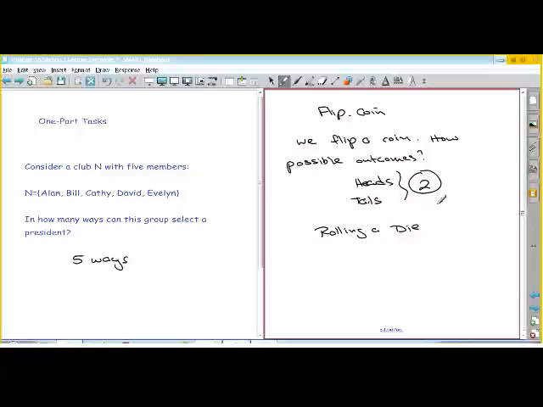Now rolling a dice or die. I always get confused which I'm supposed to say, so if I say it wrong, I apologize. If you roll a dice, how many different possibilities are there? Yeah, there are 6 because there's 6 sides of a dice.